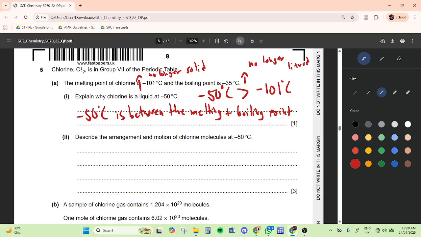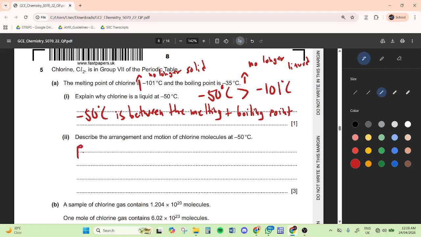It's very simple. This is another very popular question in GCE chemistry, where they ask for the arrangement and motion of, right now, chlorine molecules at minus 50 degrees Celsius. This is just them wanting to know if you can describe the structure and how liquids are arranged. Keeping that in mind, there's a few things that you need to write.